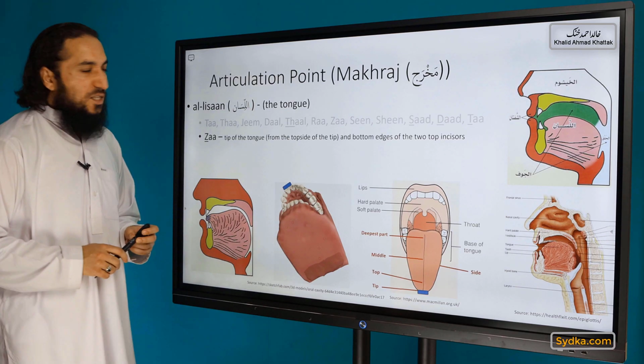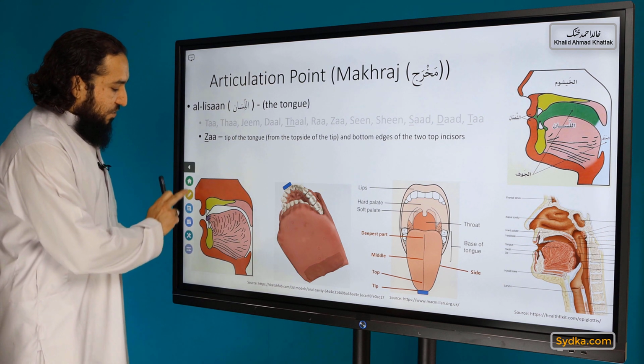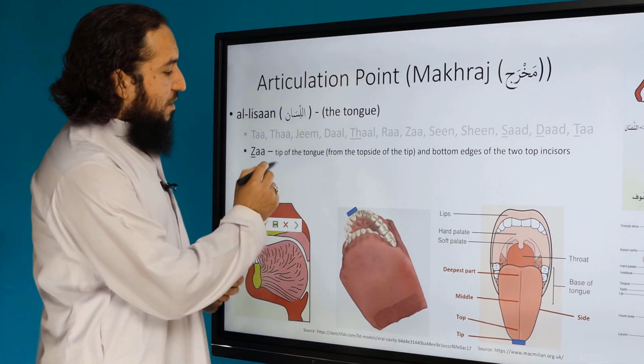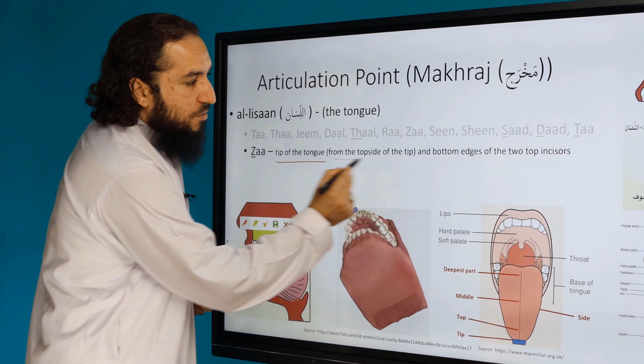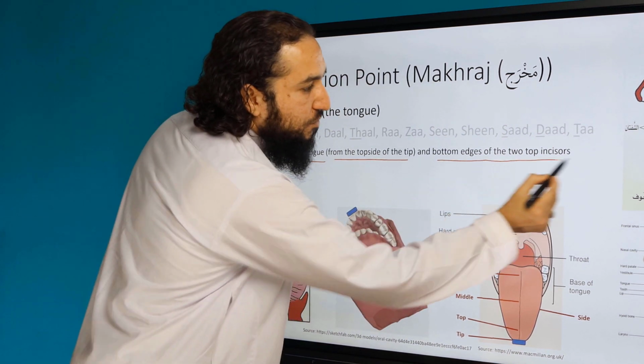Makharij, it is one of the lisan, the tongue letters, and its articulation point is the tip of the tongue from the top side of the tip and the bottom edges of the top two incisors.